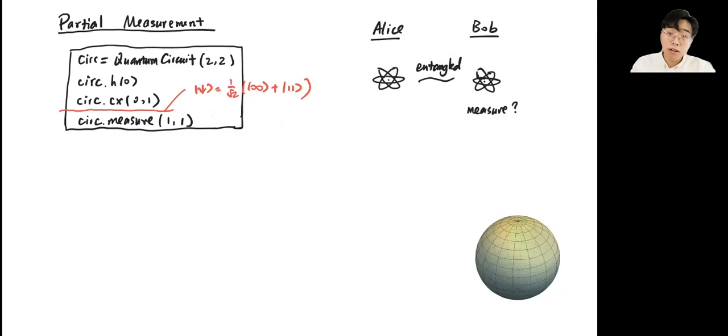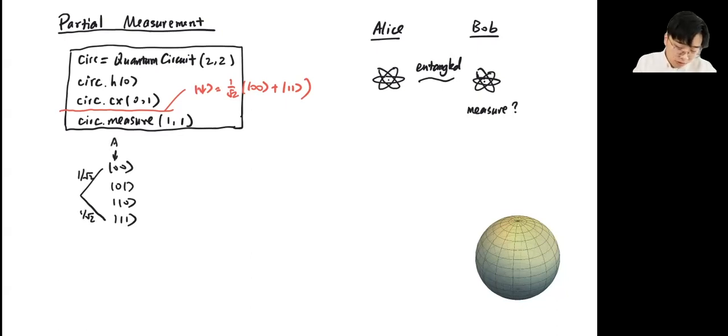Now in the Feynman path diagram, we have coefficients 1 over root 2 on the 0, 0, and 1, 1 state, and 0 coefficients for the other two. So in this notation, the first qubit belongs to Alice, and the second qubit belongs to Bob. So the next step is to perform measurements for Bob, which is the second qubit in our quantum state.